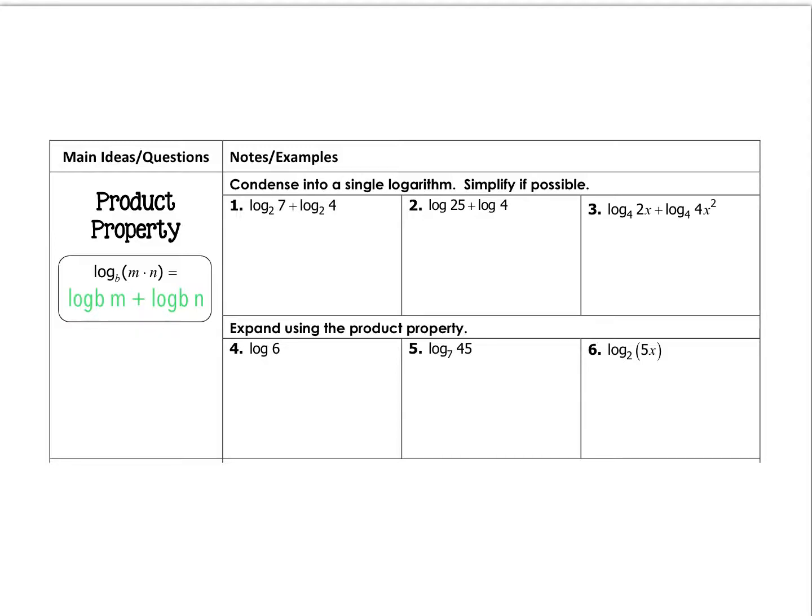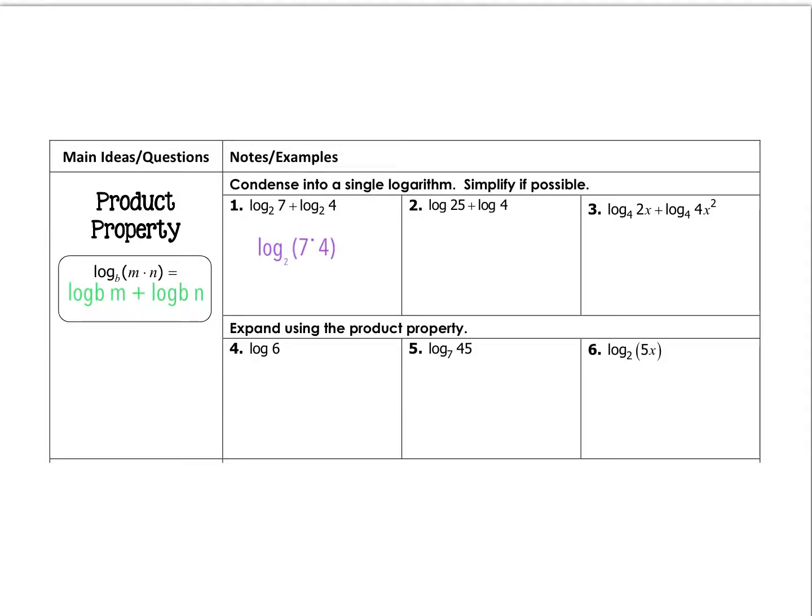So when I see something like number 1, where it says log base 2 of 7 plus log base 2 of 4, one of the things I noticed is that addition is happening. I also noticed that the bases are the same. So I can condense it into a single logarithm, which is my goal, by using the product property.